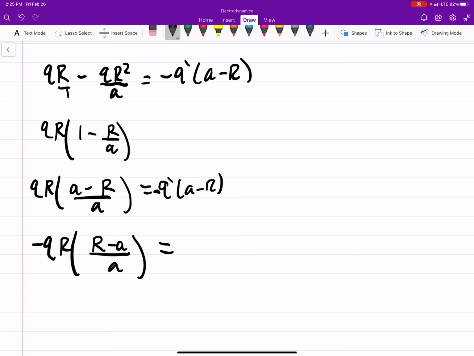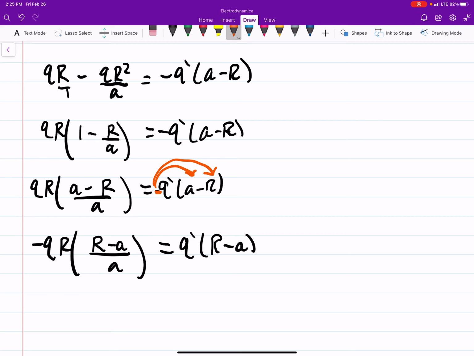Okay, so that's good. You could also actually distribute the negative. So if we distribute it, then you'll get Q prime R minus A. This was still equal to negative. I probably should have written this out. Okay, so I just distributed this negative. Okay, cool.